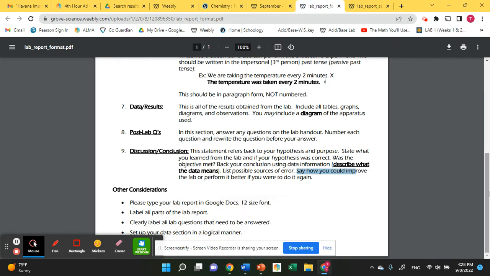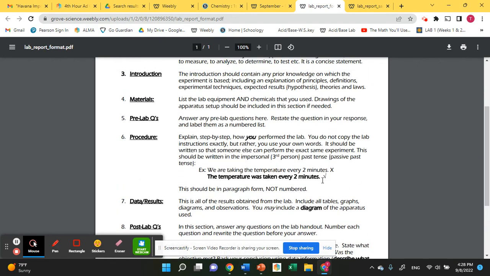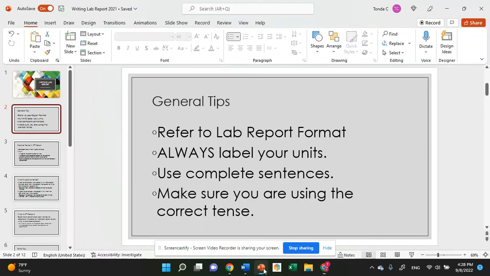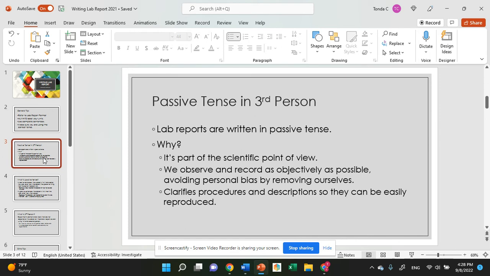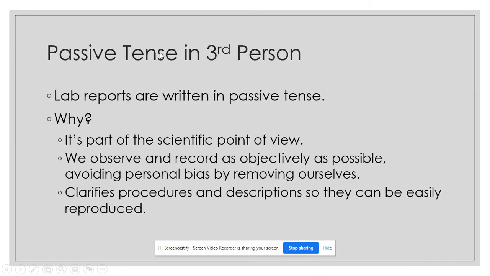Now, with that being said, I am going to go back and talk about the procedure, that tense again. Let's look at it a little bit more closely. I said that this lab had to be in passive tense in third person. All lab reports are written in passive tense, and the reason why is it's part of the scientific point of view.